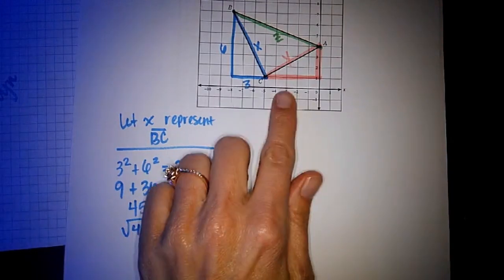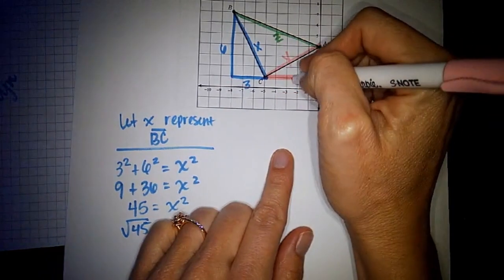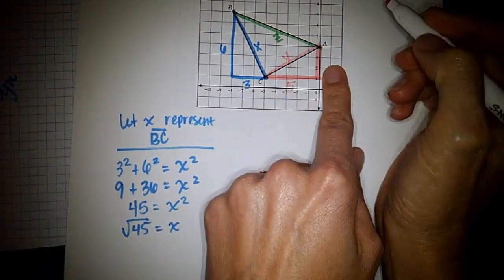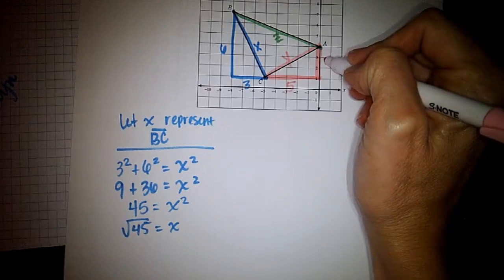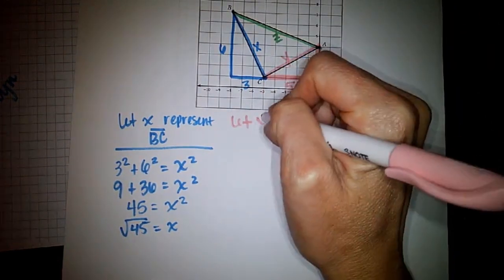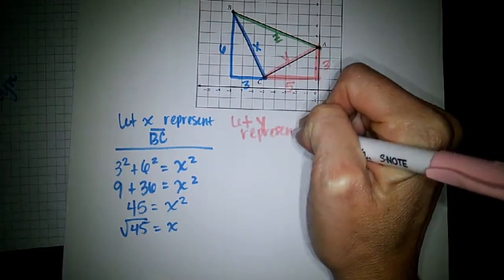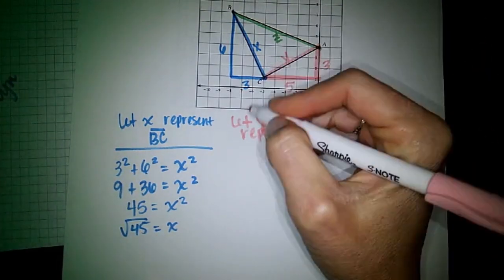What is the length of this leg? 5 units. What's the length of this leg? 3 units. Okay, so we're going to let Y represent line CA.